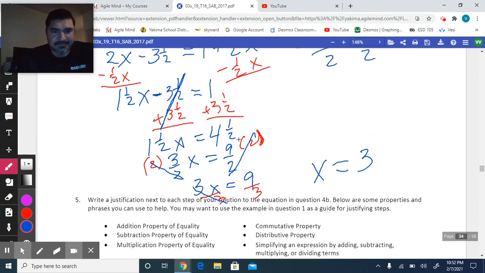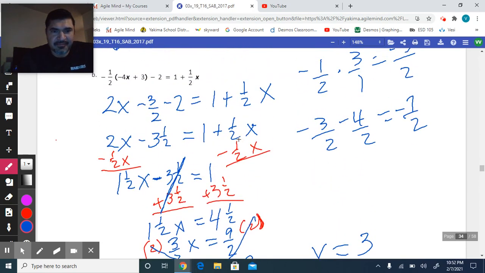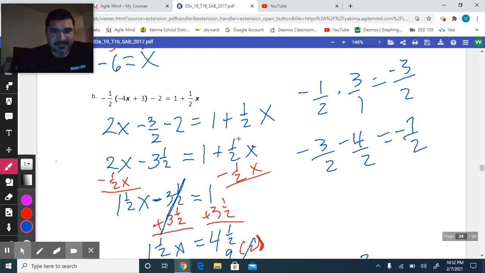Okay, so we did a lot of steps here. So looking at this one here, the first thing we did was we distributed.